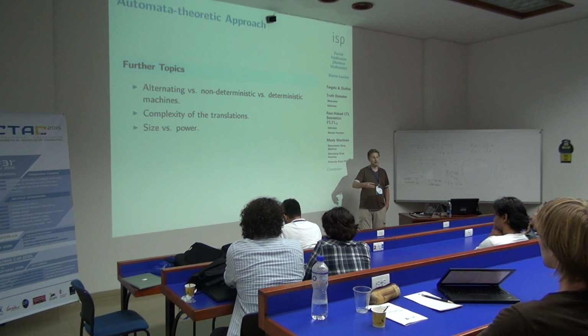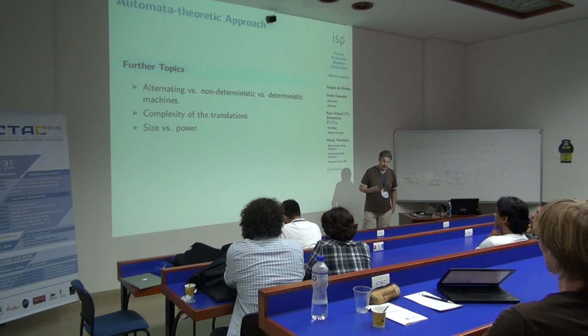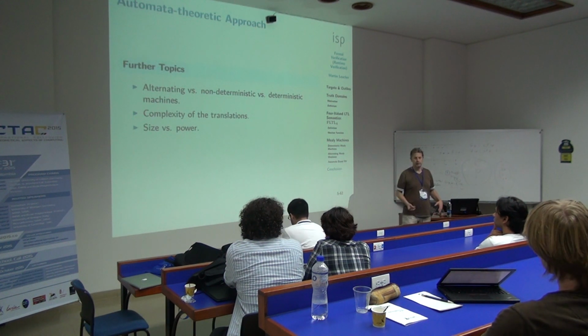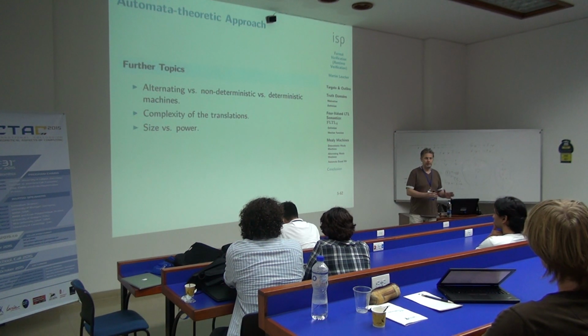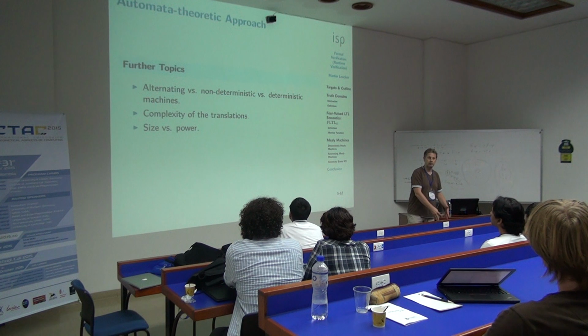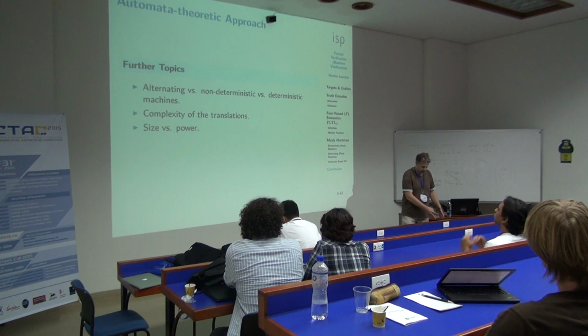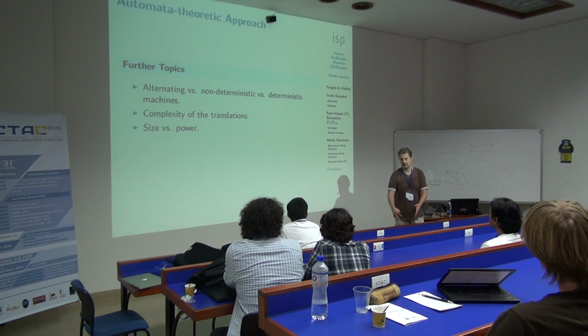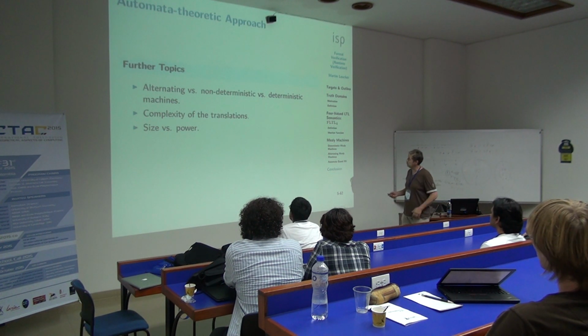And of course, going from an alternating machine to a deterministic one could mean that we have a double exponential blow-up. As always, we eliminate one. If we go from non-determinism to determinism, we have an exponential blow-up. Same for universality to non-determinism or to determinism. And from alternation to non-deterministic to deterministic, it's an exponential blow-up.